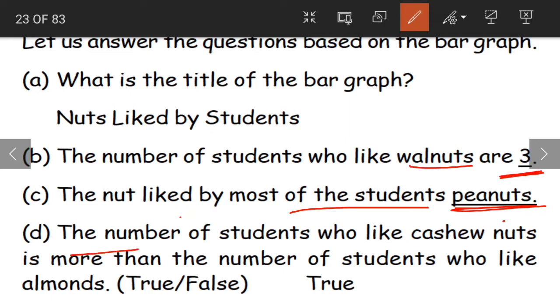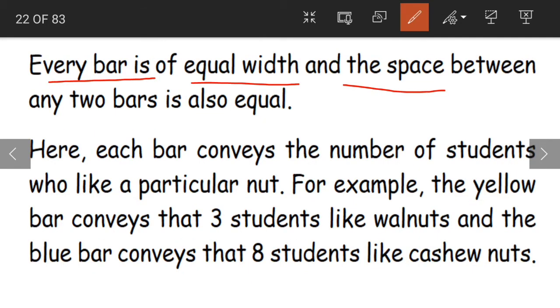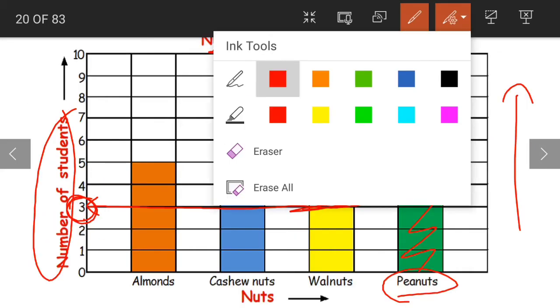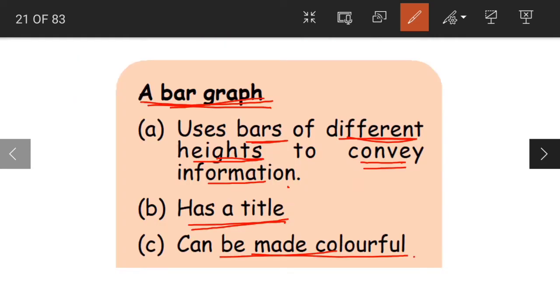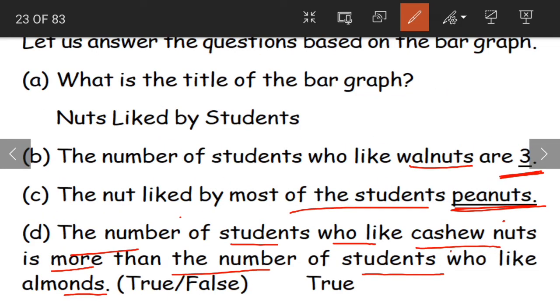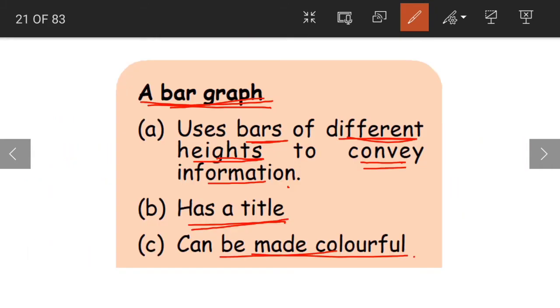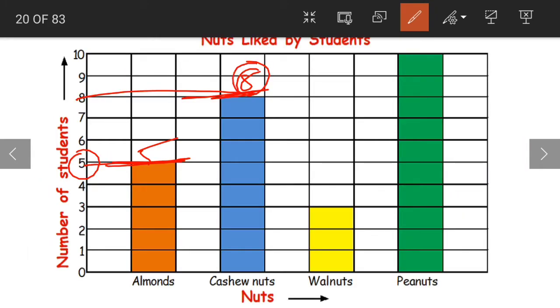And the last one, the number of students who like cashew nuts is more than the number of students who like almonds. Cashew nuts and almonds. Almonds are liked by 5. Cashew nuts are liked by 8. What are they saying here? The number of students who like cashews is more. Cashews is 8 and almonds is 5. What is the relation? 8 is greater than 5.